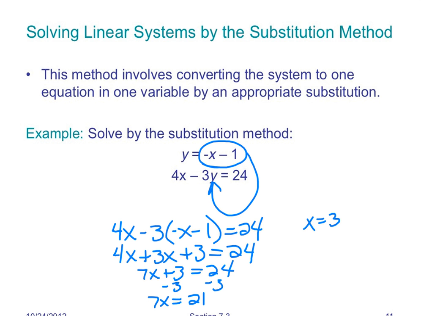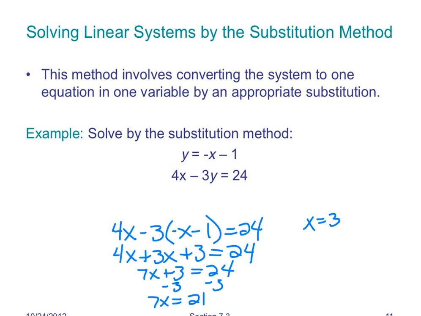I have the x value, but I also need the y value. So what I'm going to do is take the x value that I just found and substitute it into either the top equation or the bottom equation. It doesn't matter. You'll get the same y value.